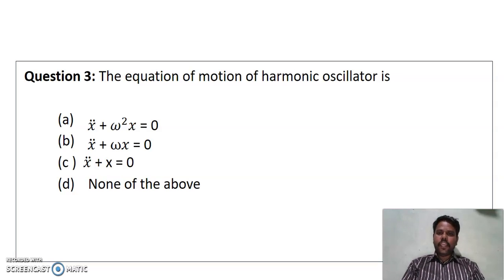So we have obtained the equation of the linear harmonic oscillator to be x double dot plus omega square x is equal to 0. Then the option is A.